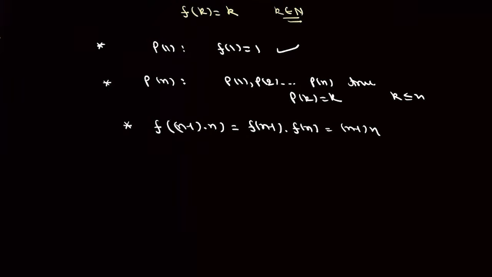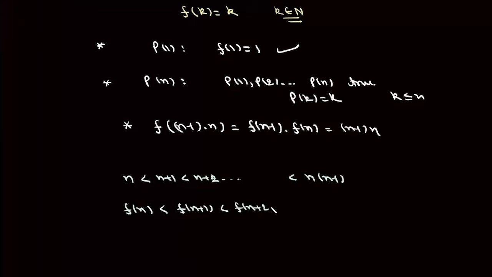Now we know that n is less than n+1, less than n+2, and less than f(n(n-1)). Now f(n) is n, and f(n(n-1)) is n(n-1).